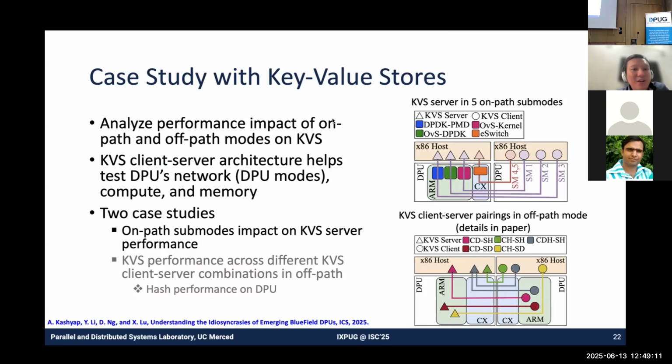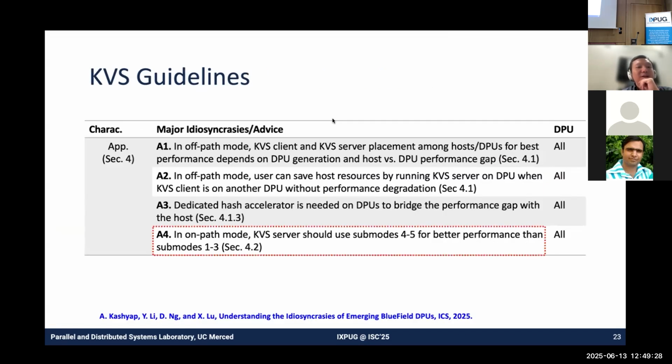And then we use an application, like we use two cases. One is MICA, a TCP-based key-value store. We also use HERD, which is an RDMA-based key-value store. We try to evaluate what's going on, and from the application perspective, what kind of performance we can observe. So again, we can only discuss one here.